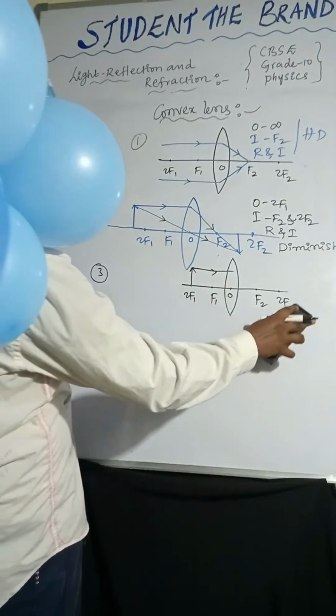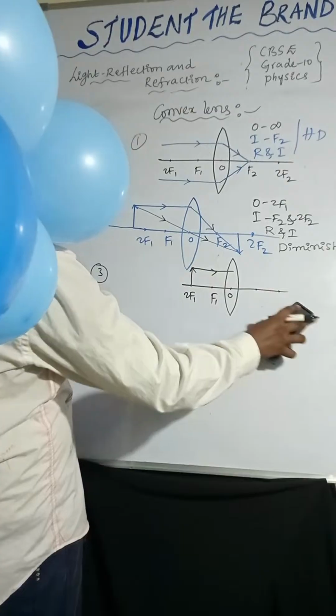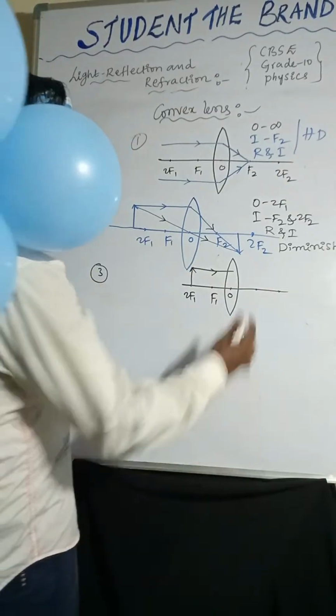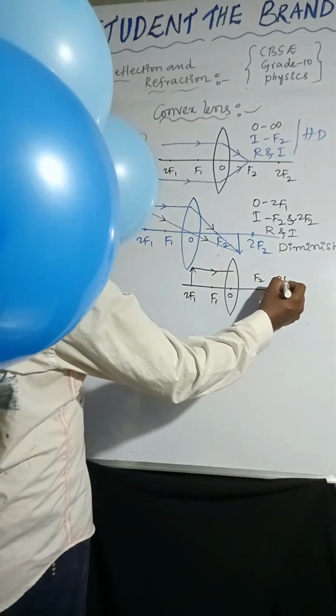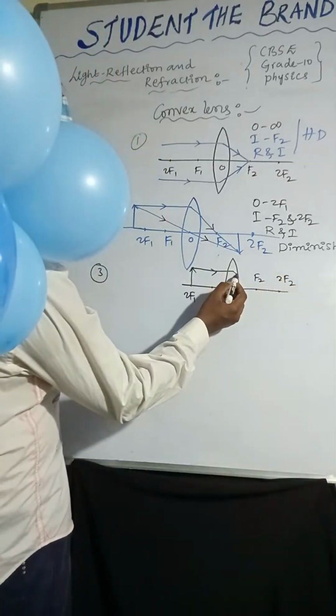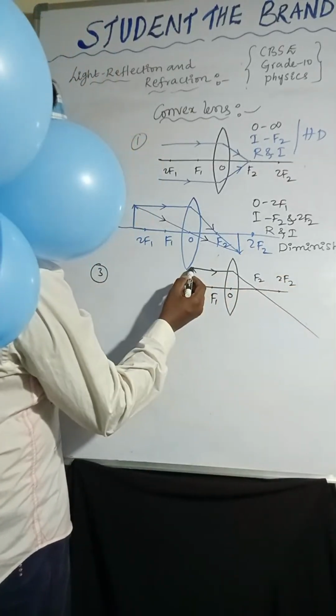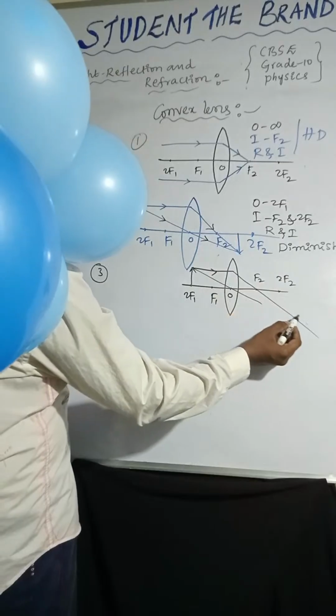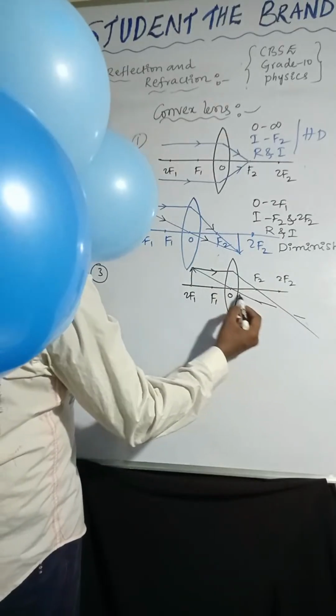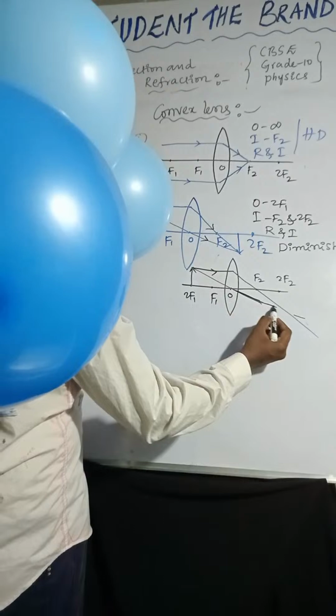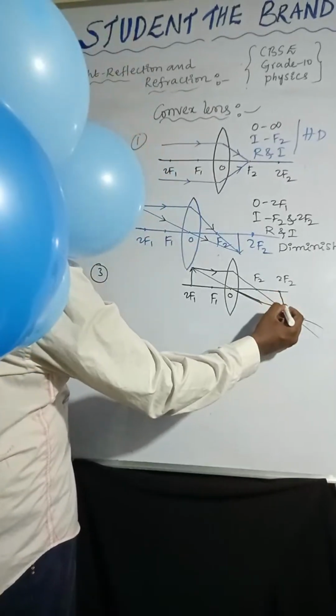No, same size. Not diminished, same size. F2 and 2F2. So object I am taking here. One light ray passing through optic center. So image will form here.